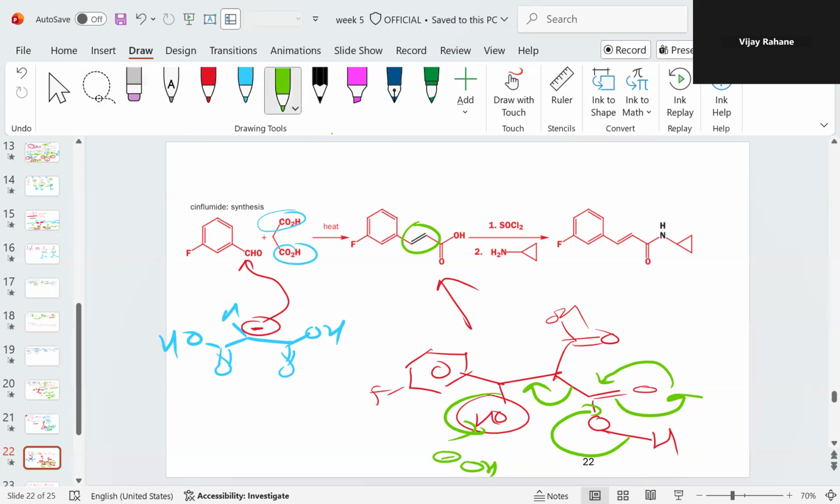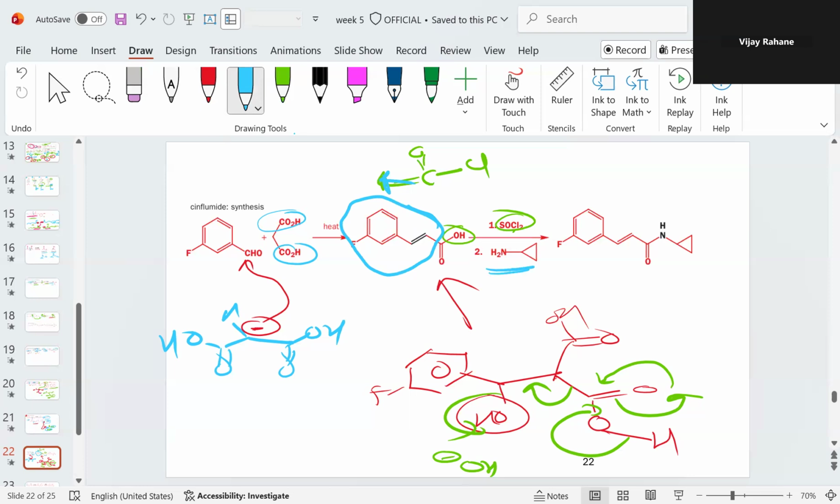And once you get this product, this acid can be converted into the acyl chloride by using SOCl2. So this is C double bond O, Cl, and this is the R group, the entire remaining part. So SOCl2 reacts with the acid to give the acyl chloride, and in the same reaction mixture we add this amine, so it gives basically the amide, right?